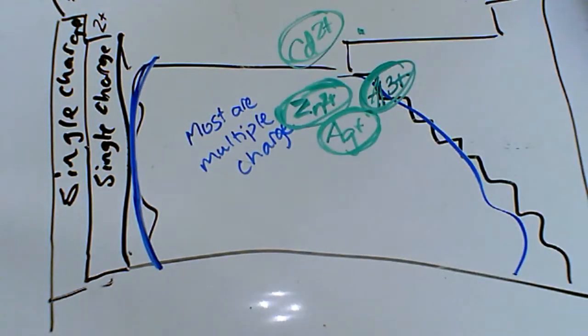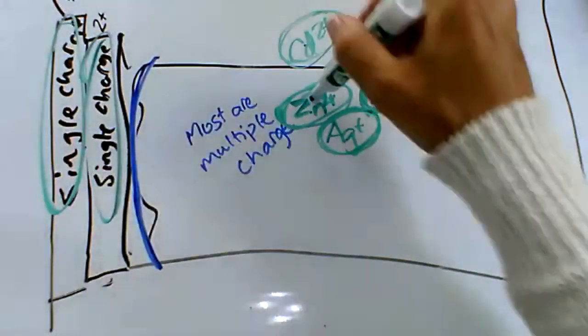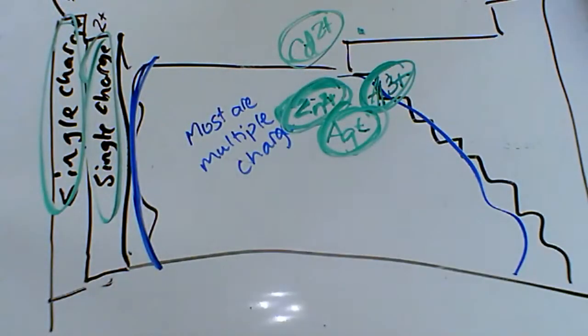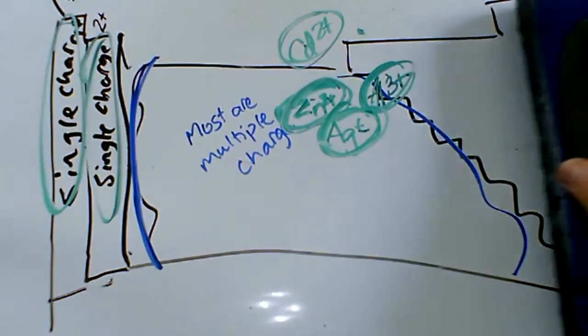The problem with not being in my classroom, I don't know. But these here are considered single charge. You really need to realize silver and zinc and aluminum. I'm sorry, I can't elaborate on that right now. I just got extremely distracted by that phone call.